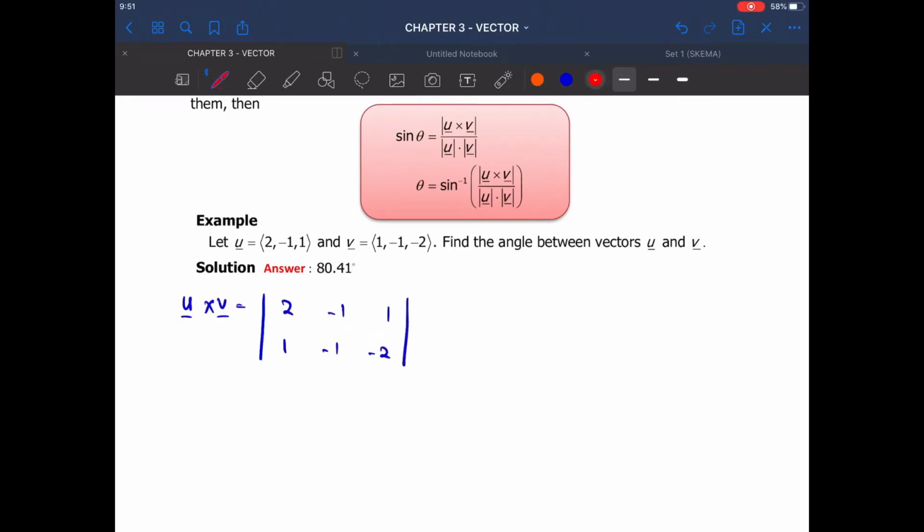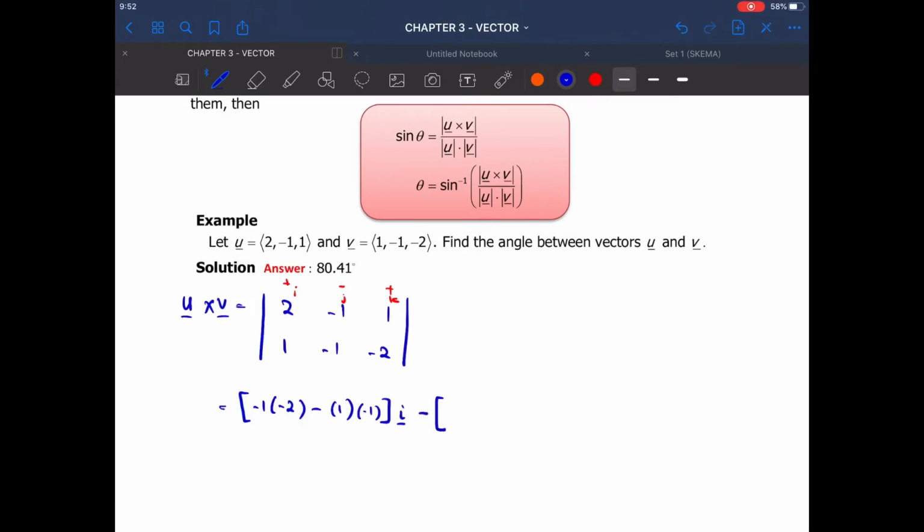Remember the first row signs are positive, negative, positive, for i, j, k. Therefore, closing the first column, you will have negative 1 multiply negative 2 minus 1 multiply negative 1. So this is for i.